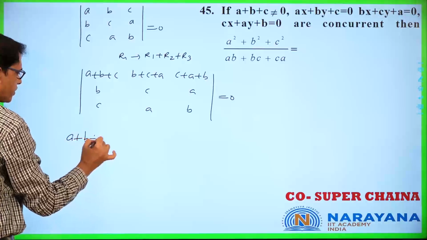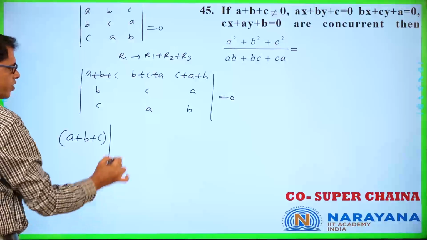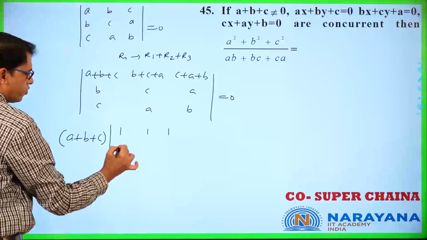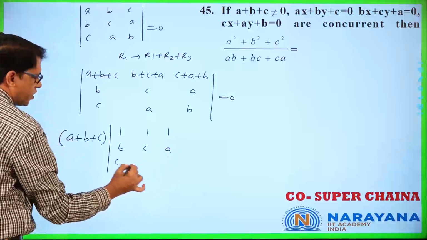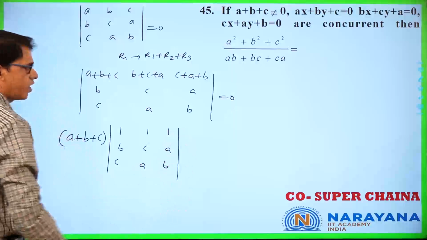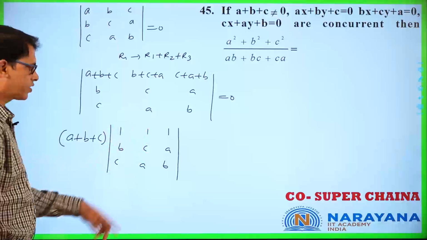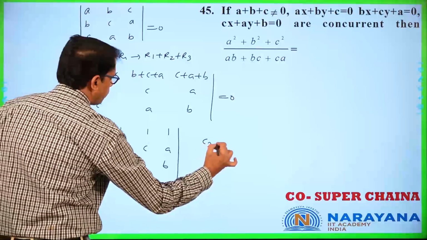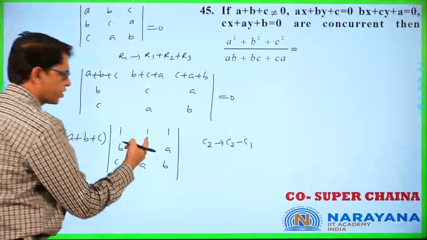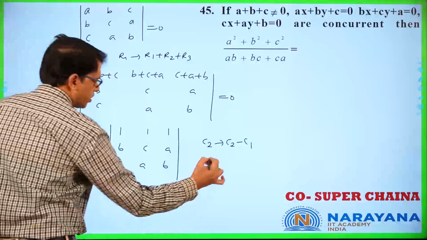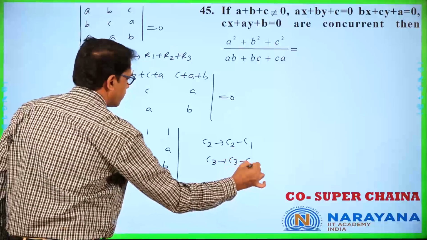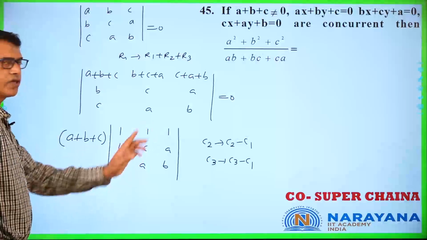(a plus b plus c) whole into determinant of (1, 1, 1), (b, c, a), (c, a, b). Here again what I am doing? C2 changes to C2 minus C1, column 2 minus column 1. C3 changes to C3 minus C1. So that we have a 0 here. Okay?